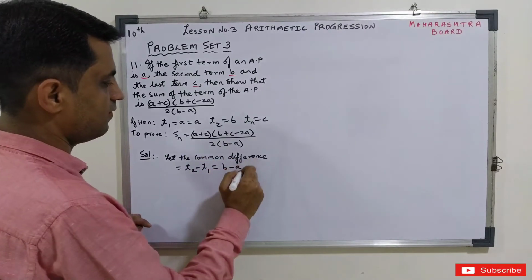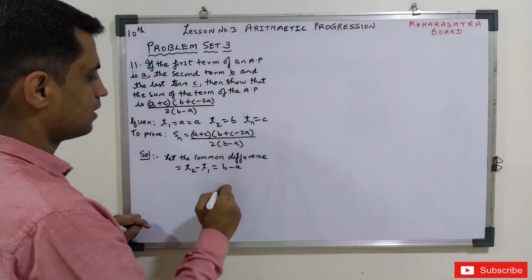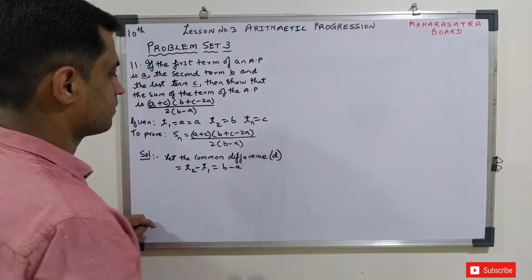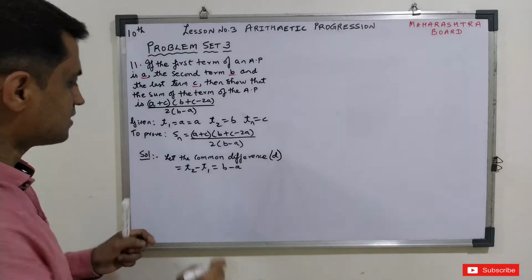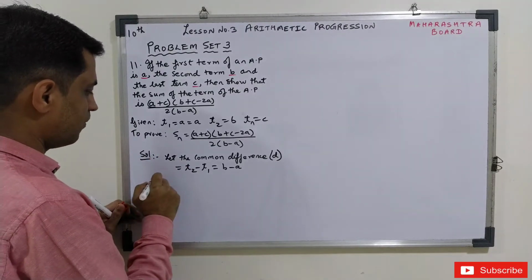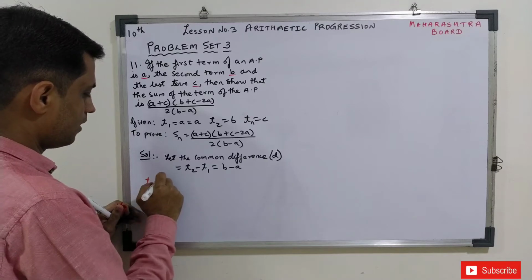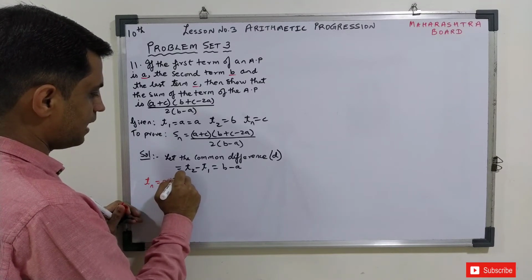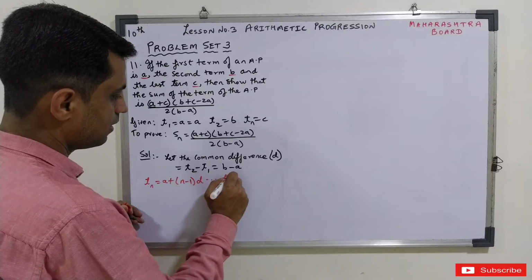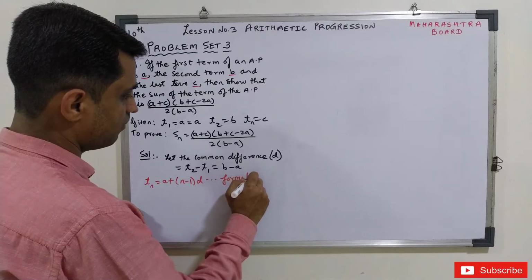B. What is our T1? A. So that is our common difference D. So we got the common difference. Now we are going to use the formula Tn is equal to A plus n minus 1 into D. This is our formula.